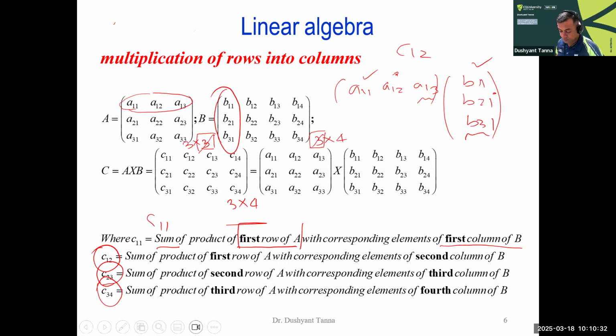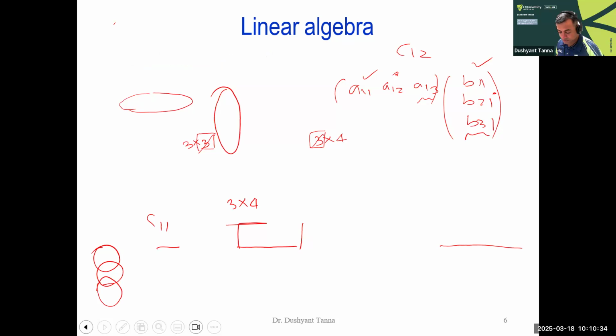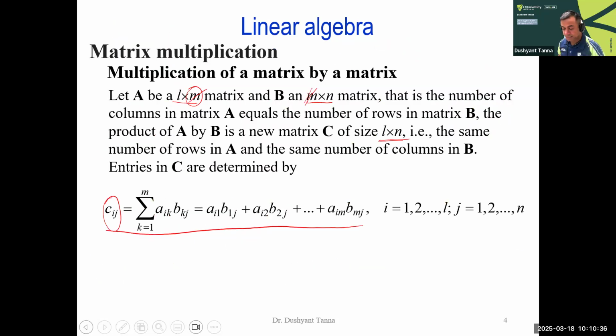Okay, so now if I go back to the definition, it will make a bit better sense. So what is Cij, any particular element? Sigma represents the sum, Aik, Bkj, now the k will be gone, and you will have the elements. But how is it structured?